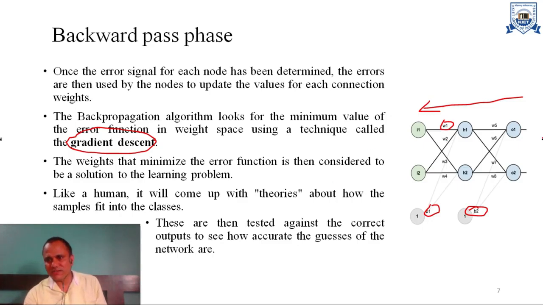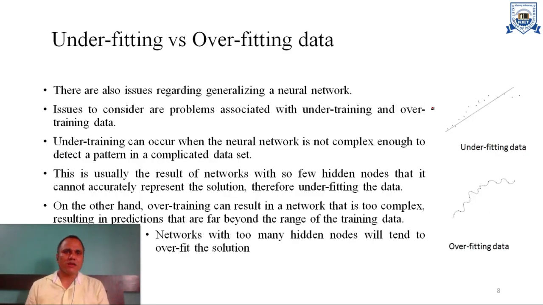So once we receive classes, suppose that we have two classes, class C1 and class C2, where we are having some expected output, but what we are getting is an actual output, and the difference between expected and actual one will be taken as an error, and that error needs to be back propagated to the system. So this is the basic concept or the basic theory of the back propagation neural network. In the next one we are having underfitting and overfitting of data.